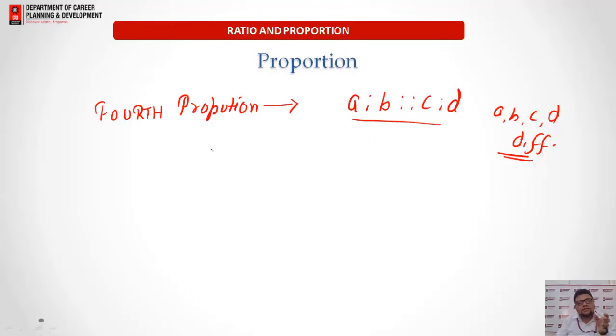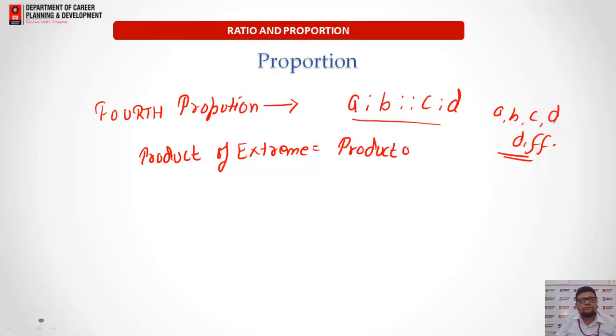Here the expression to find the values of this, we will use as product. This is very important. Product of extreme will be equal to product of mean values.